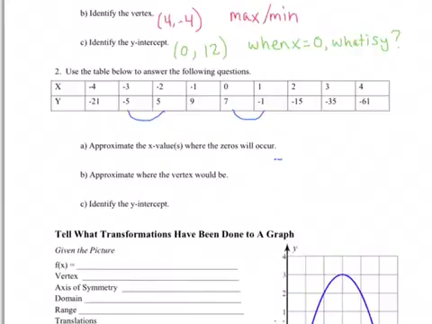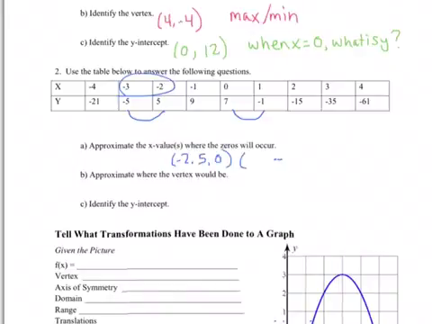So your zeros are going to be somewhere in between there. I'm not going to be super picky about this answer, but because it's from negative 2 to negative 3, it's going to happen somewhere in between these two x values. So my zeros are going to occur at negative 2.5. That would be a good thing to put in between.